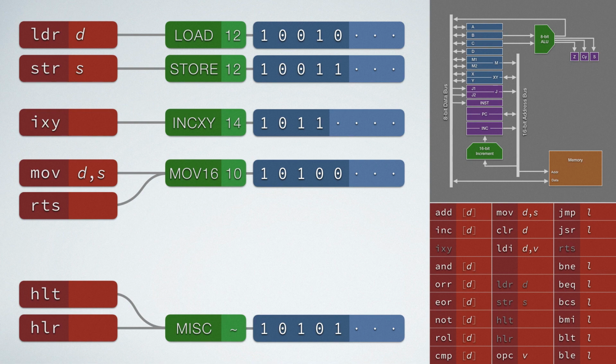HLR will halt the computer and load the program counter back with 0, or I think the way it'll probably end up working is it'll load the program counter based on whatever the switches on the front of the computer are set to. The general entry switches. Speaking of the general entry switches, that'll also give us another operation which is load switches, and that'll basically load whatever values on those front switches into a destination register.